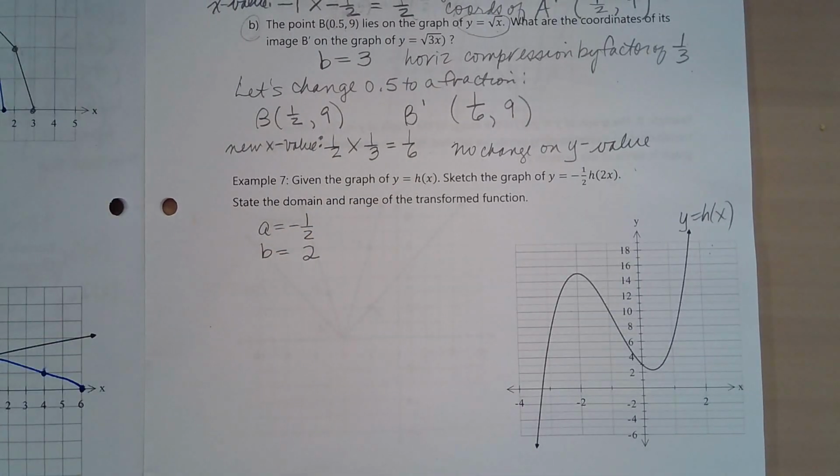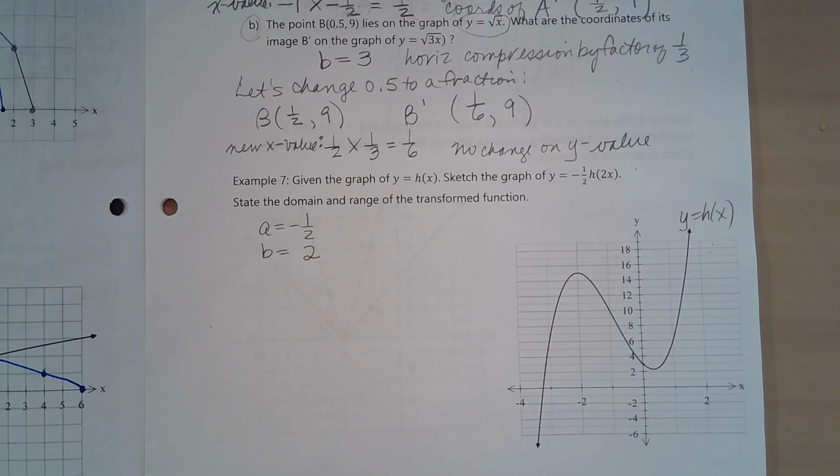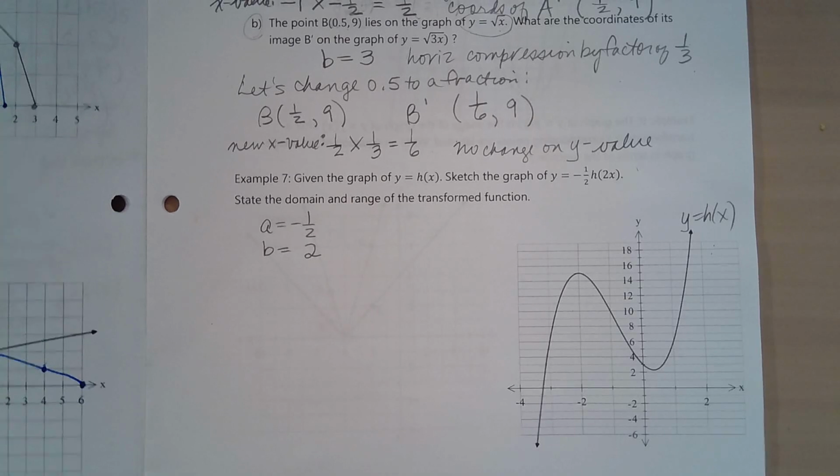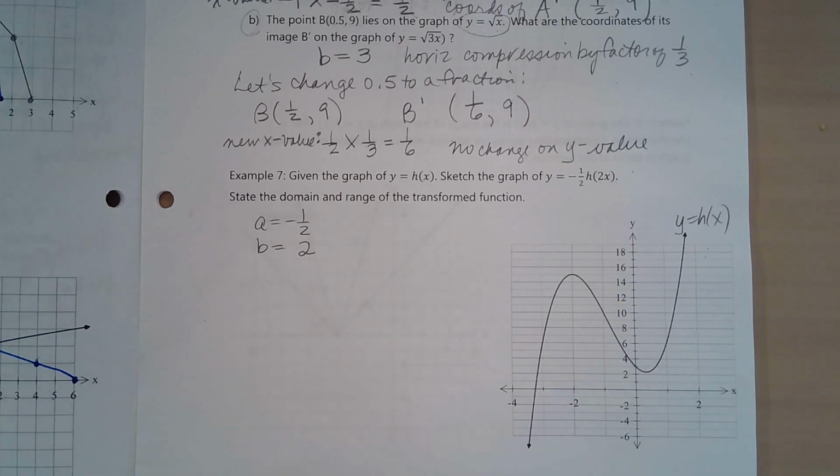Agreed? I'm going to give you a minute. I want you to write out in words or think in your head if you can describe the two transformations that would be involved in an a value of -1/2 and a b of 2. I mean descriptive words. So take a minute and see if you can do that.